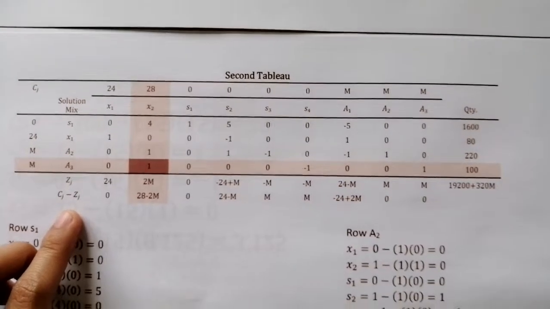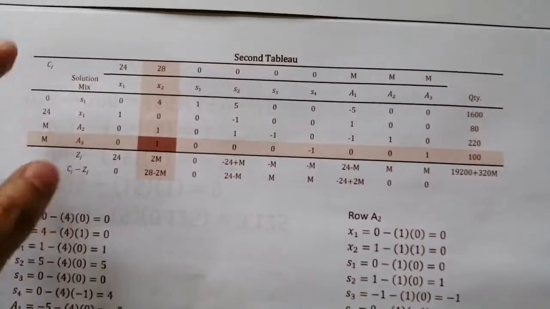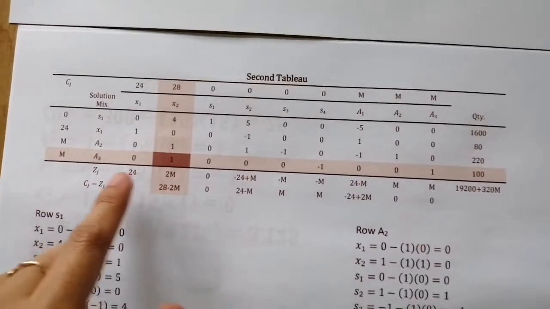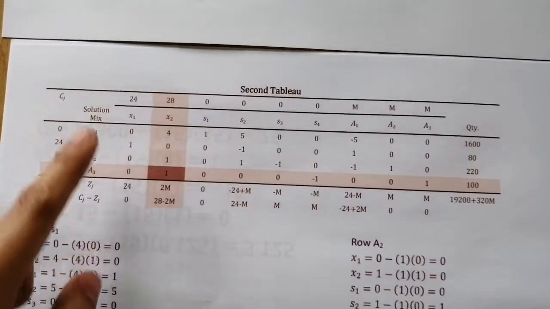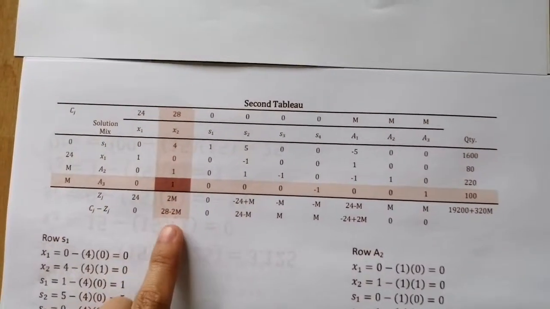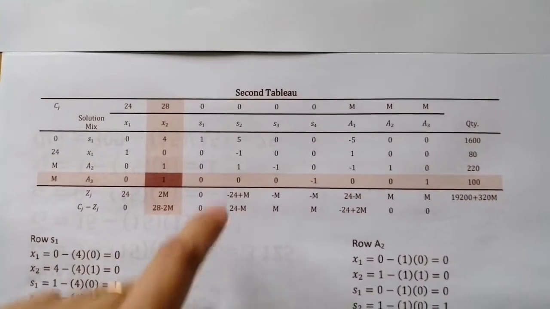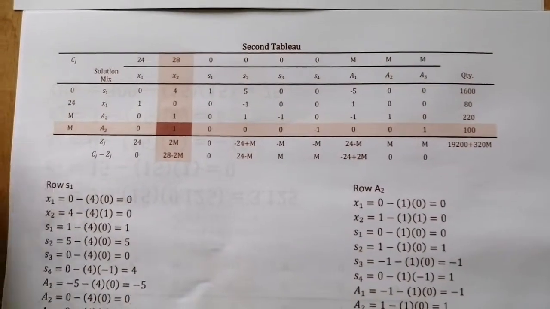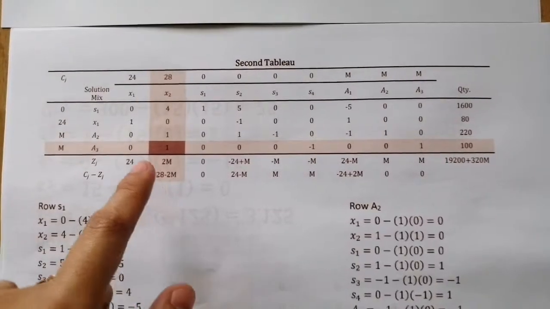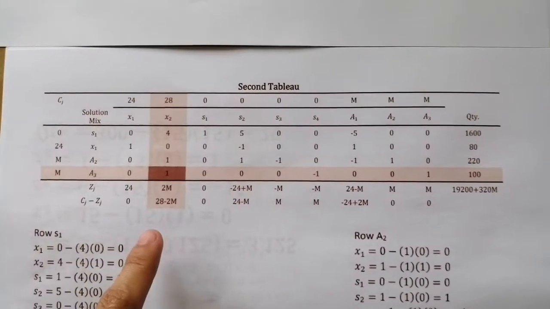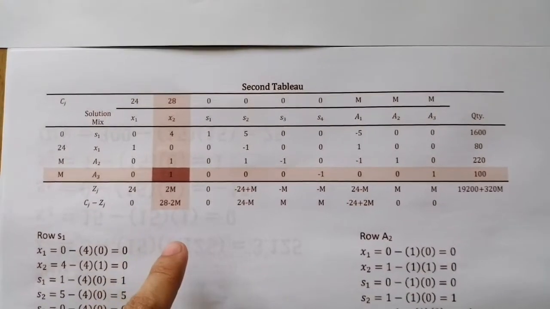For Cj minus Zj, we just subtract the value of Cj here minus the value of Zj. So we have 24 minus 24 equals 0, 28 minus 2m equals 28 minus 2m, and so on and so forth. So same with what we've done in the first tableau, we just find the pivot number by first finding the pivot column.